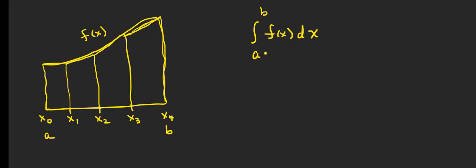Remember how we estimated the integral of f of x from a to b using RAM, the rectangular approximation method? We drew our rectangles and added up the area of the rectangles to estimate the true value of the integral of f of x from a to b.